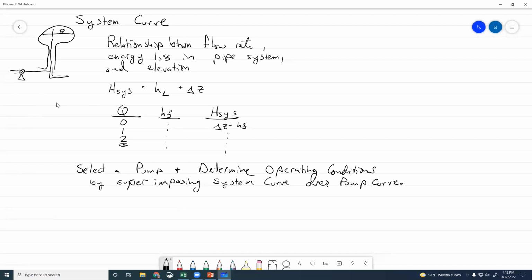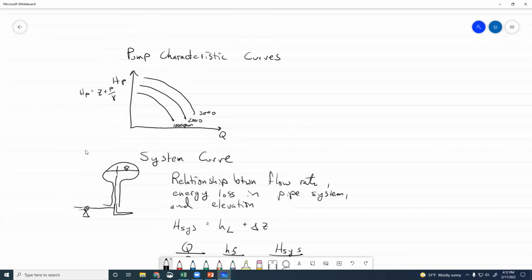So if we go back to our pump curve, we can plot our system curve over it.